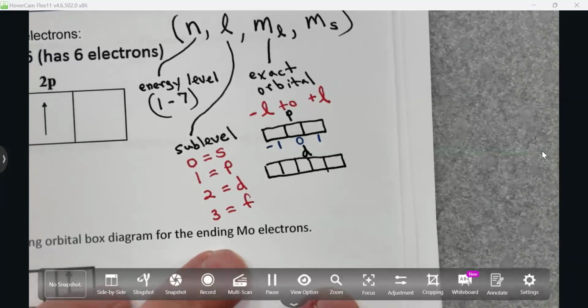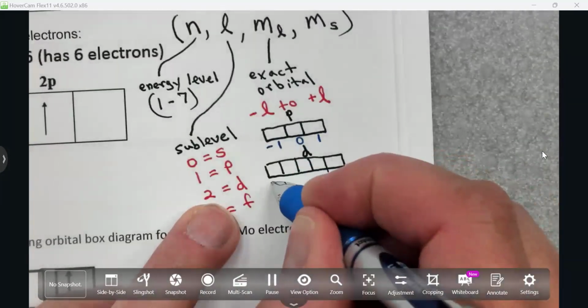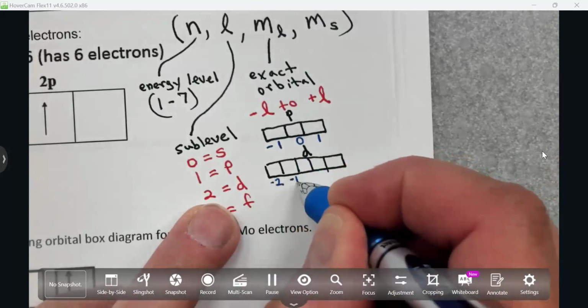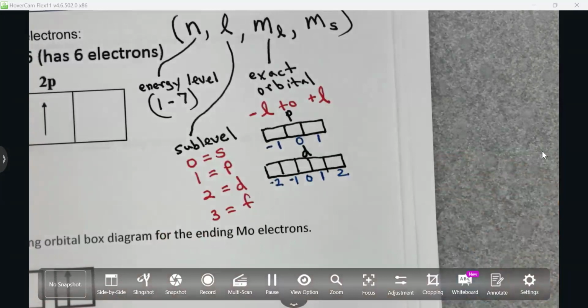If I have a D, what's my previous number? A 2, correct? So if I go -2, -1, 0, 1, 2, that gets me all 5.